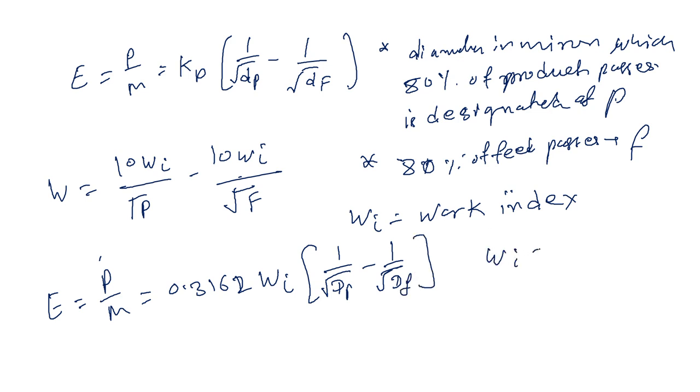So Wi is equal to kV by root 0.1, because we can say the feed dF is approximately infinite, and dP is 0.1 mm, or 1 mm.